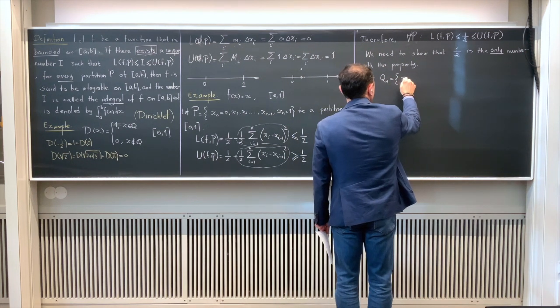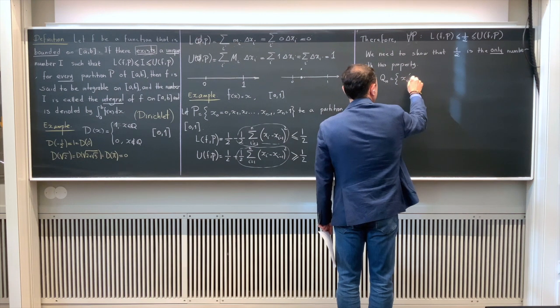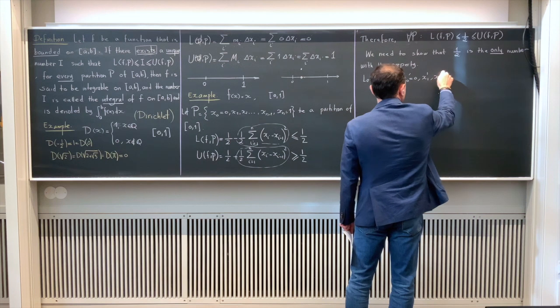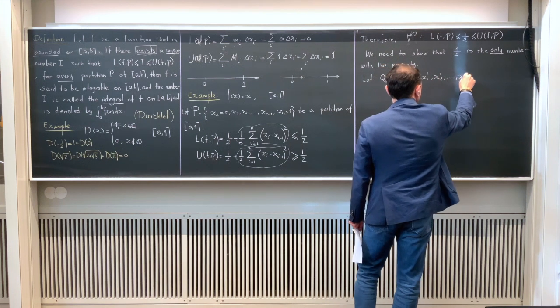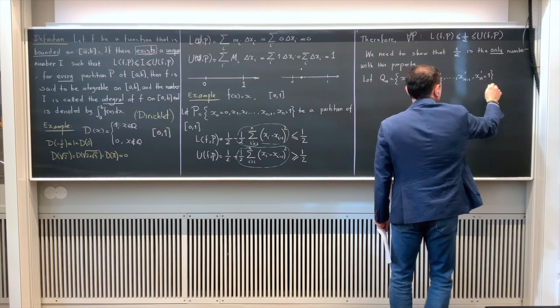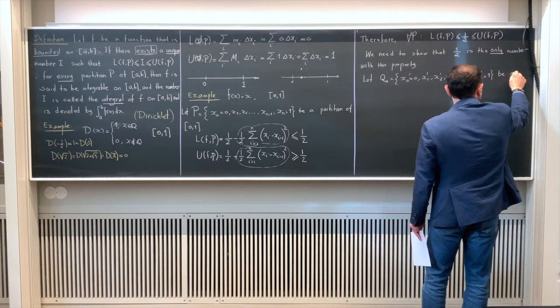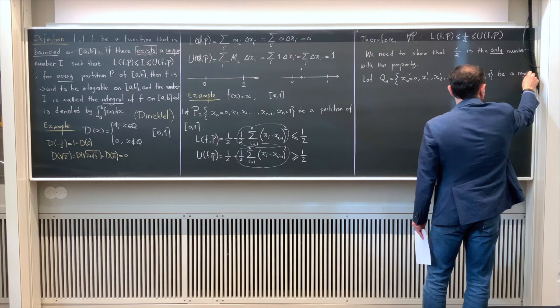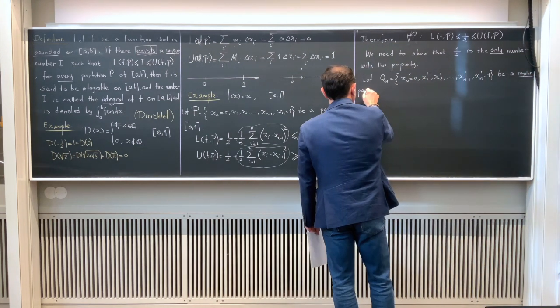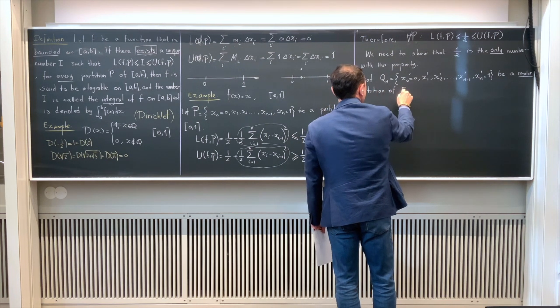Let me write it this way: x naught prime, which is again 0, and x prime 1, x prime 2, up to x prime n minus 1, and x prime n equal to 1, be a regular partition of 0 and 1.